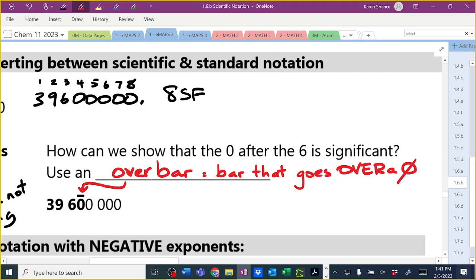And we only use it if we're like, I don't know how to show you that this number has 4 sig figs by using a decimal or by using scientific notation. I would need to use scientific notation, but if we want to do it in standard notation, the overbar tells us that that is our last significant figure.